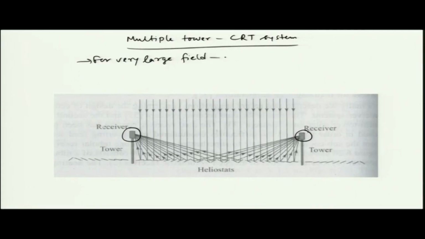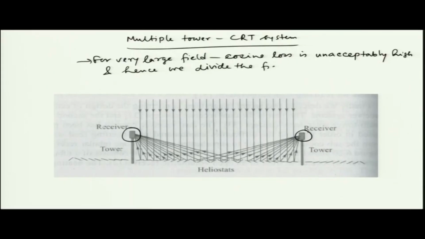So, for a very large field, cosine loss is unacceptably high, and hence we divide the field with multiple receivers.